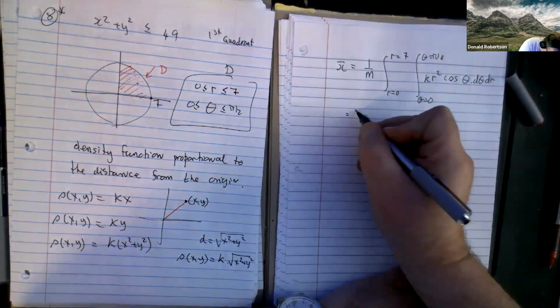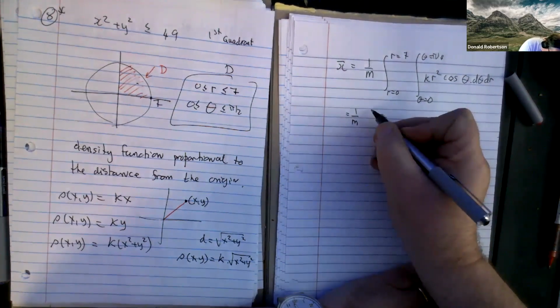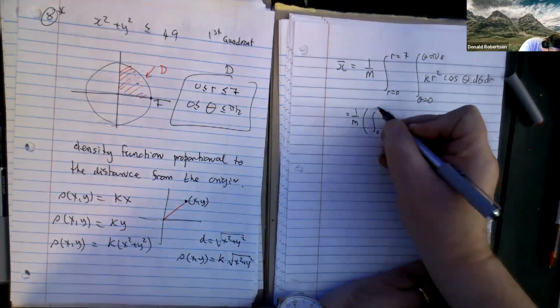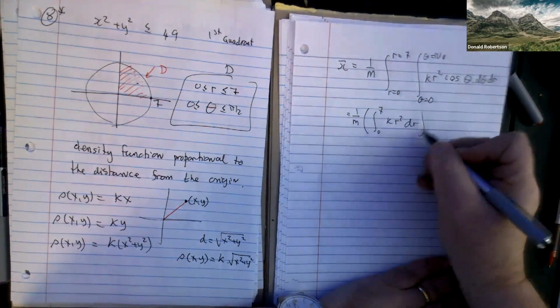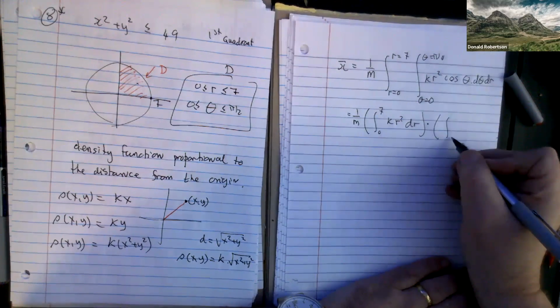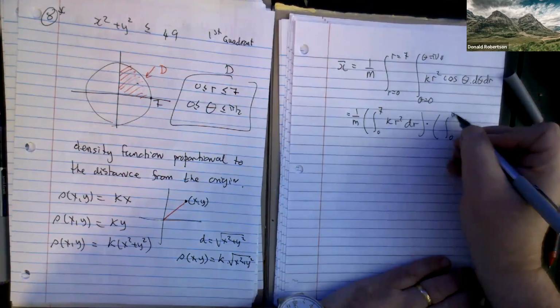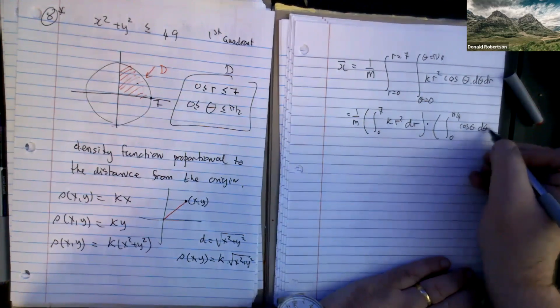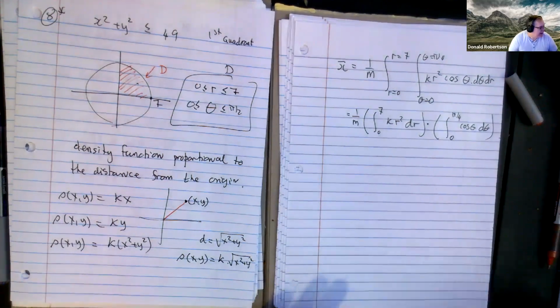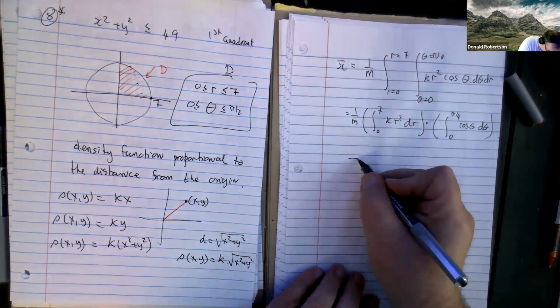So it's going to be whatever 1 over m ends up being, times the integral from 0 to 7 of kr squared, times the integral from 0 to pi over 4 of cosine theta d theta.